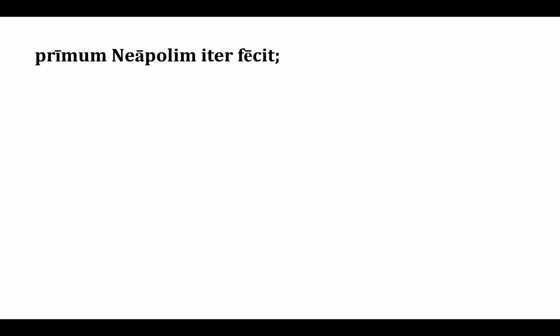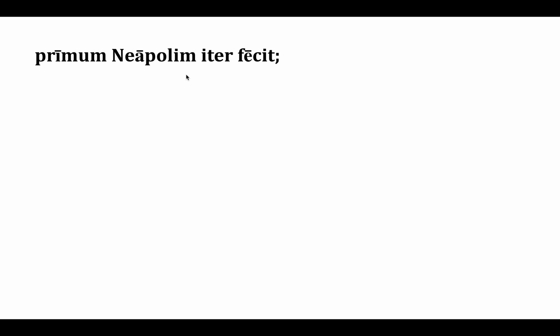Now, is there a subject here? No, there isn't. I mean, iter could be nominative, but you wouldn't normally say a journey made something or did something. You would normally say he made a journey. So it's worth just remembering that idiom, iter facio, means I make a journey. So he made a journey.